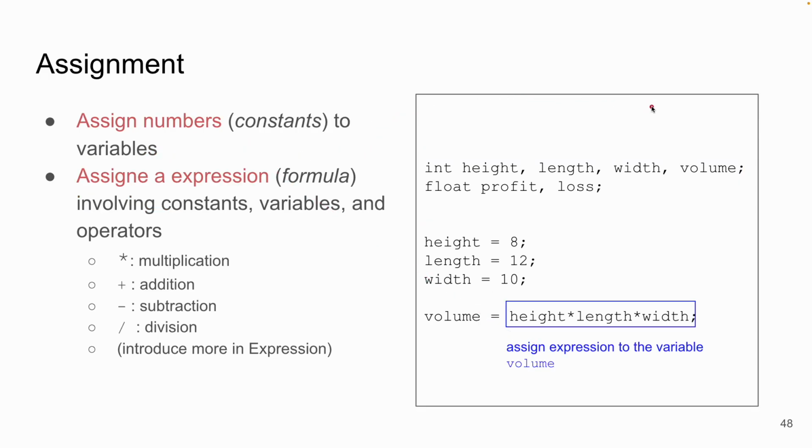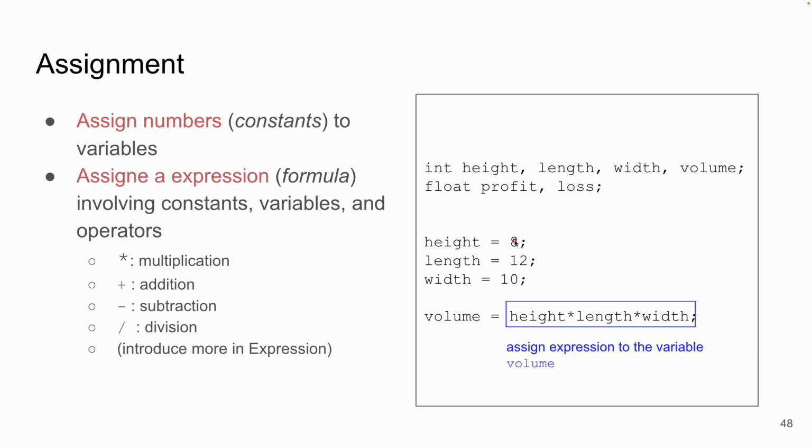And in this example, we assign a number to a variable. So we say we assigned a constant to a variable. Constant here means 常数 in Chinese, because we directly write down the number exactly in the code.